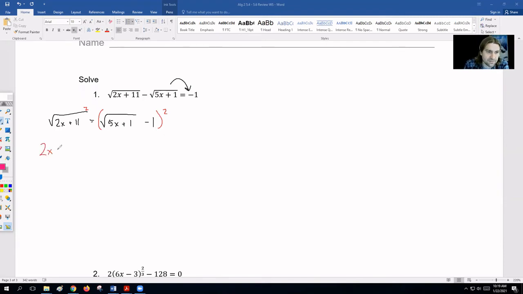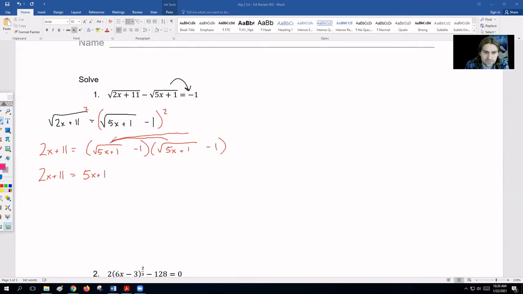So we get a 2x plus 11, and then we need to write this out twice so we can FOIL it. Okay, so we get the 2x plus 11. If we distribute here, radical 5x plus 1 times radical 5x plus 1 is a 5x plus 1.